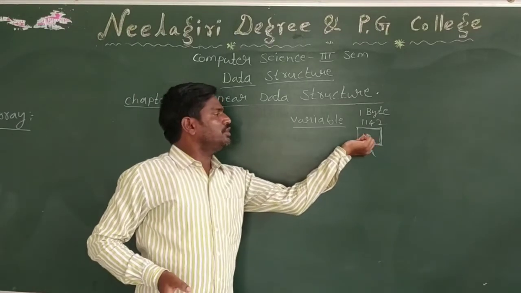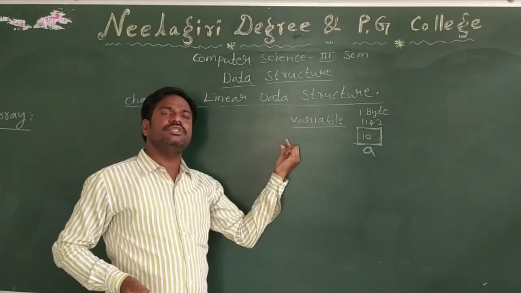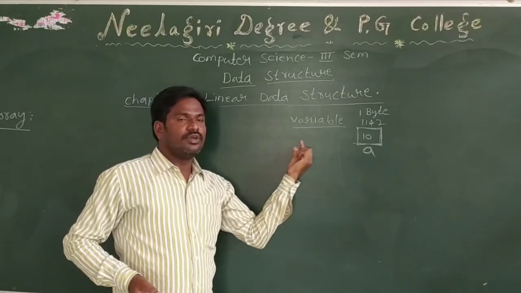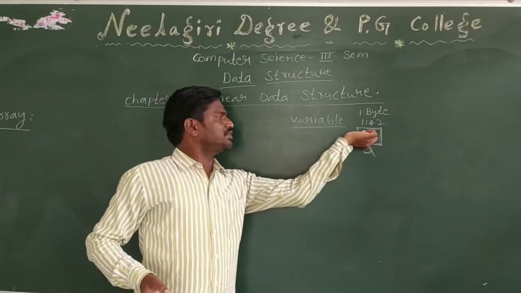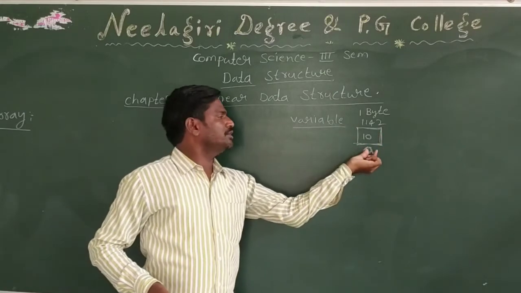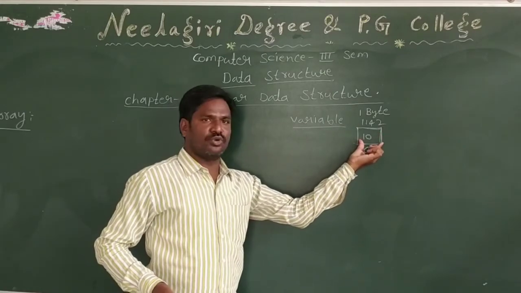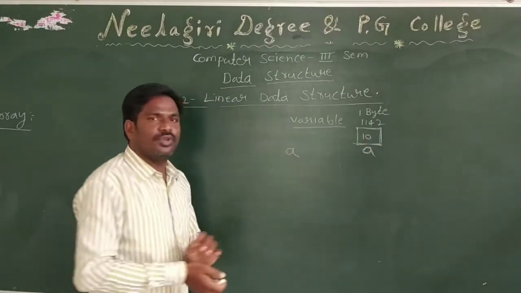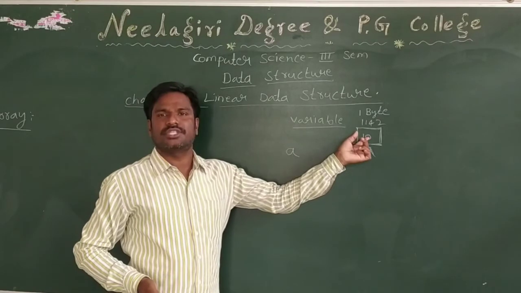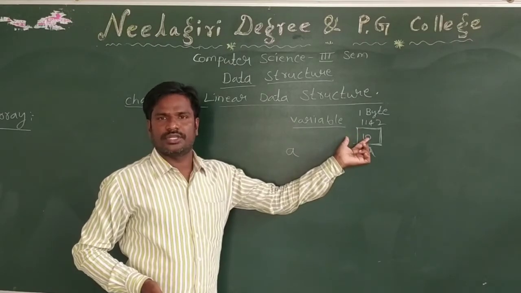This value can be used later in the program execution. To use this value, we give a name to this memory location. Whenever we use variable A, it means the value is 10.